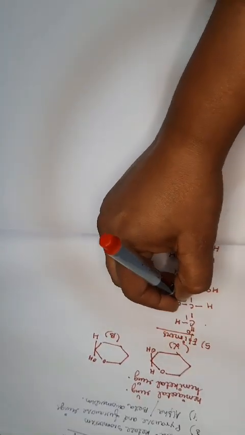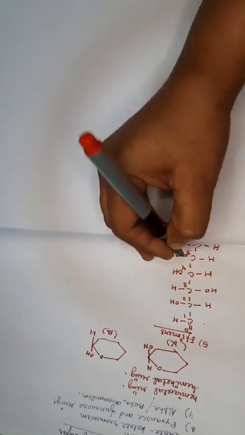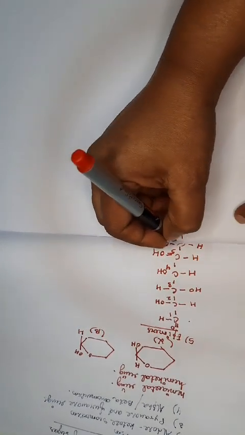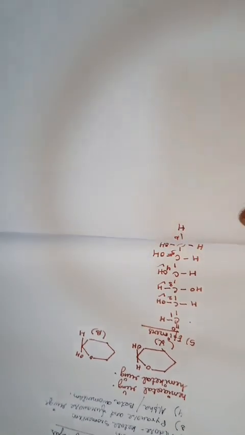This is the straight chain form of glucose. This is carbon atom 1, 2, 3, 4, 5 and 6th. If you consider the second, third and fourth positions, then you will find the condition of the epimers.